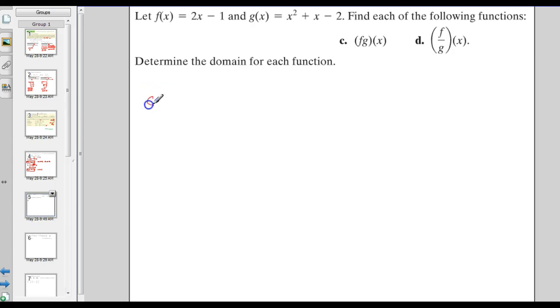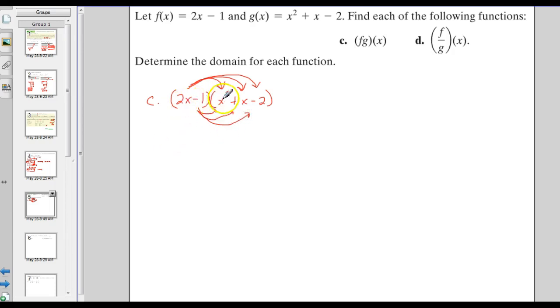So for C, 2x minus 1 times x squared plus x minus 2. Just got to remember how to multiply polynomials. Remember, you distribute the first thing through all the second, and then you distribute the second thing in the first parentheses through all the second.